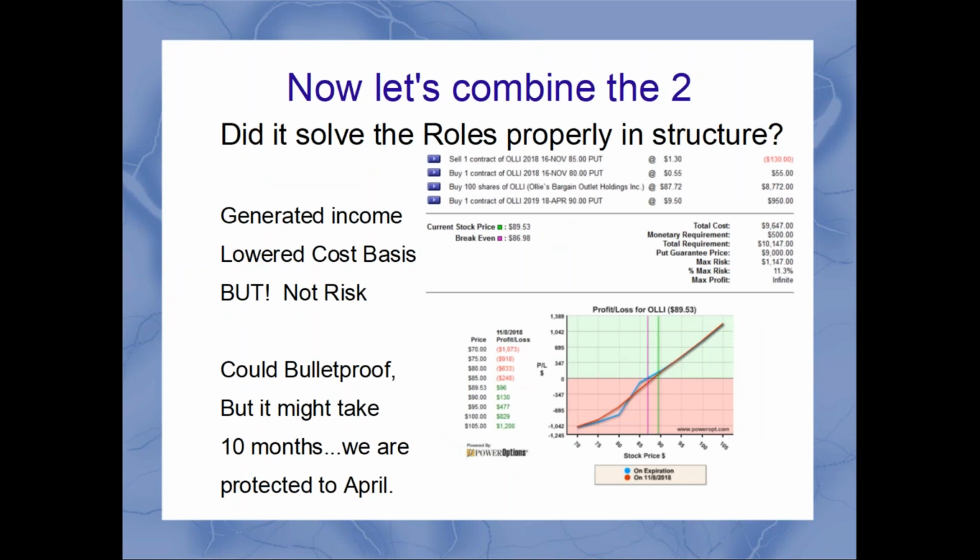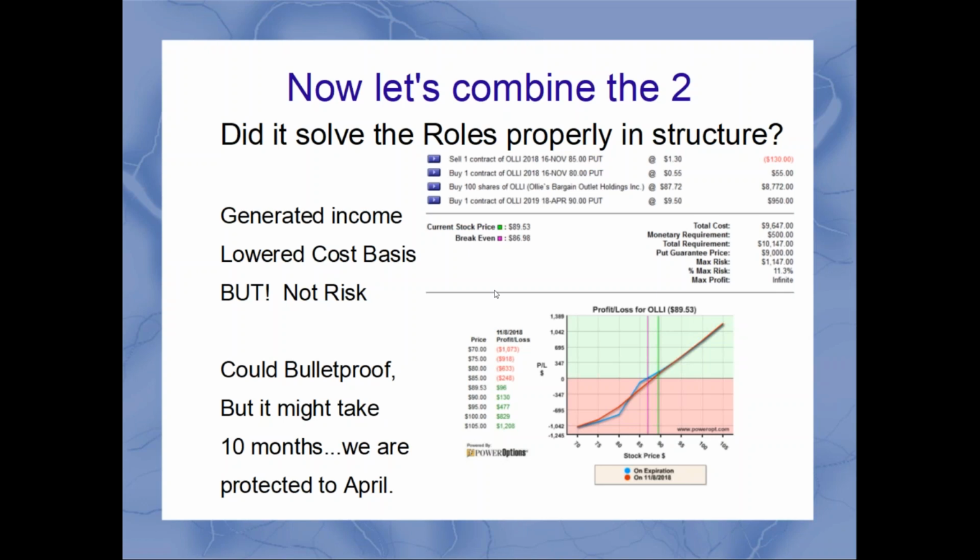But combining everything together, the 100 shares of stock at 87.72, protecting it with that April 90 put for $950, you only have a risk of 7.4%, and adding the bull put does generate income. It did lower our total cost basis, but the risk actually increases. Why?